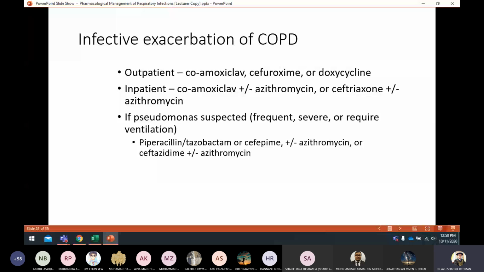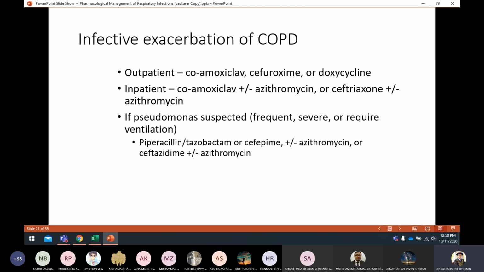If you suspect Pseudomonas, even before you've exactly identified whether it's Pseudomonas or not, you can always start off with the given regimen. You can give piperacillin and tazobactam together with cefepime, plus minus azithromycin or ceftazidime with azithromycin.